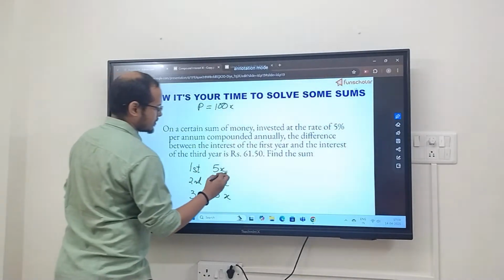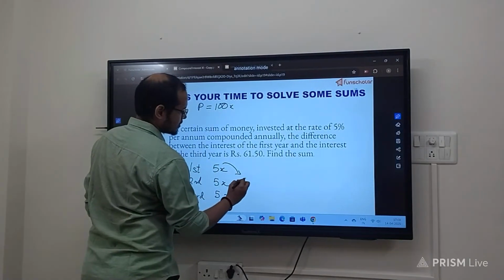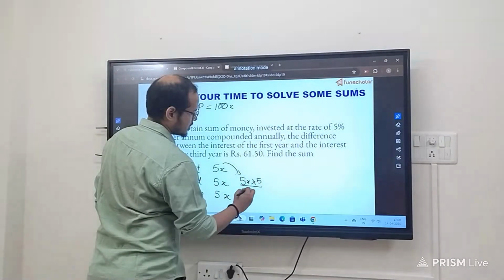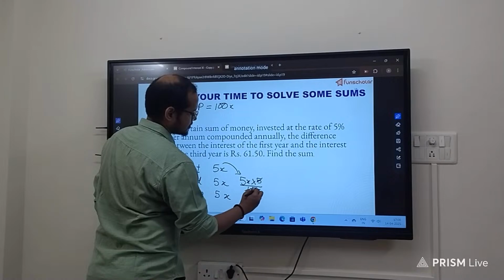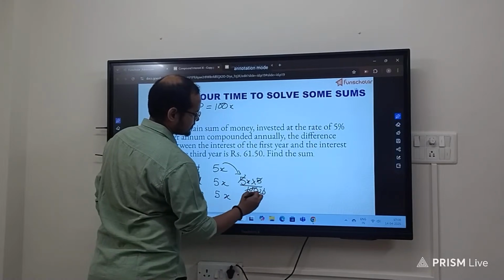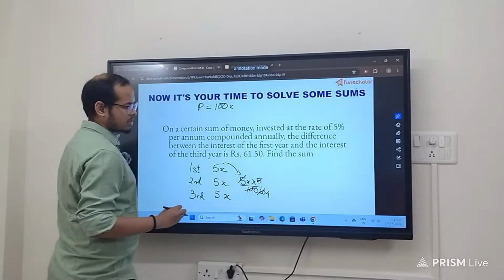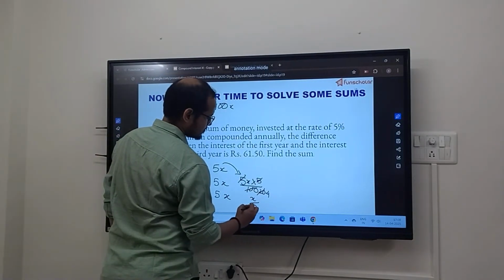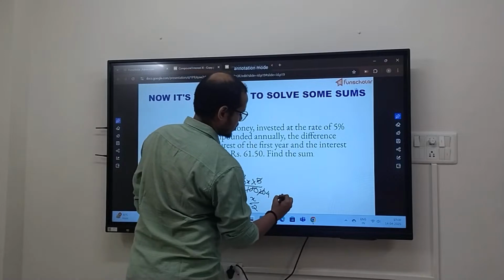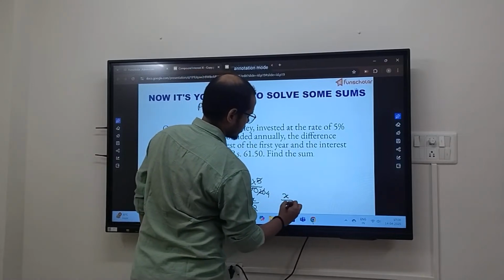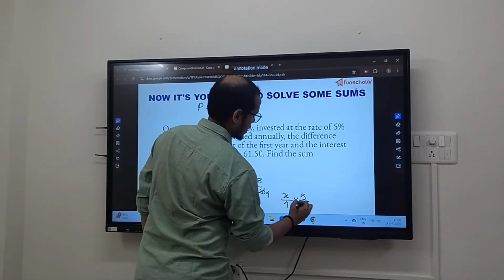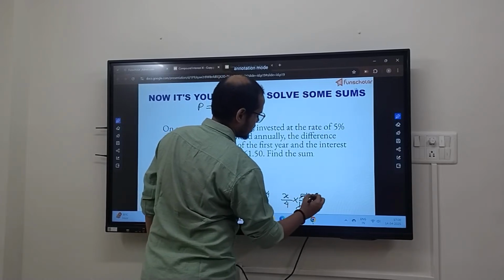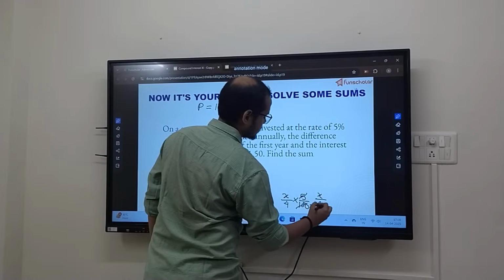Now for the compounding part. First step, 5x into 5 by 100, so x by 4. This is going to be x by 2 for the next. Now this is going to be x by 4 into 5 by 100, so x by 80.